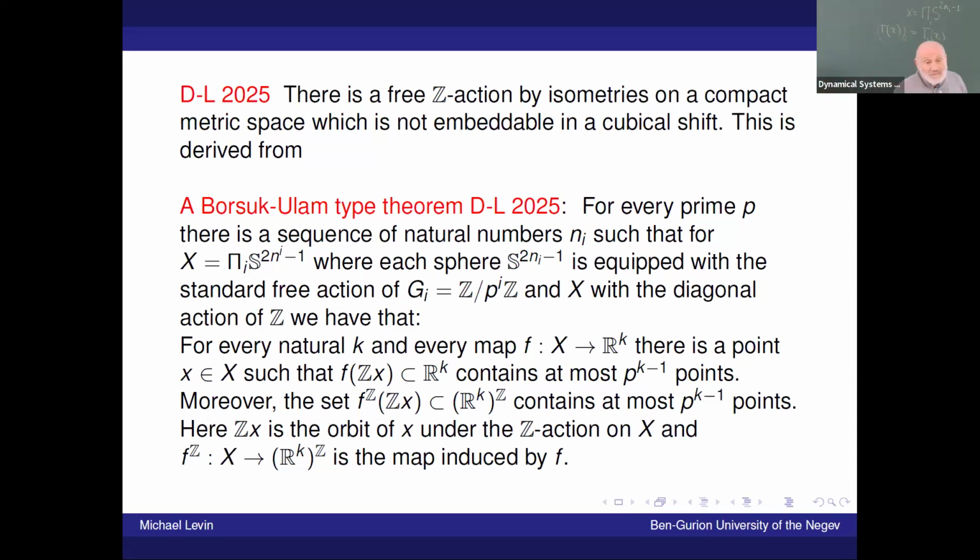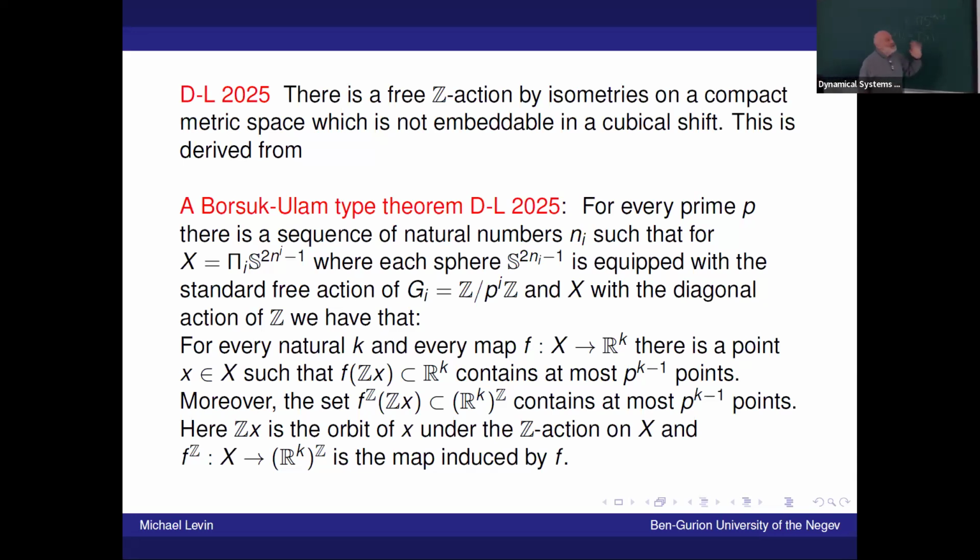Is there a relationship between how the capital G acts on it and how the integers act on it? The generator is the diagonal action. T is the action of the generator.